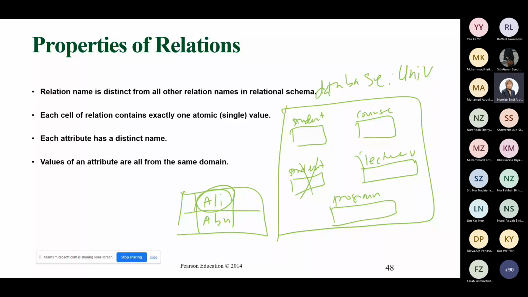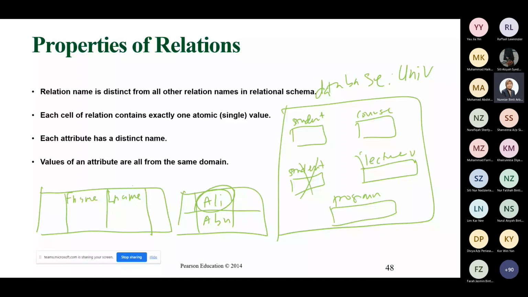So again, we cannot have name and name. But what is allowed is first name and last name. This is okay because they give different definitions.